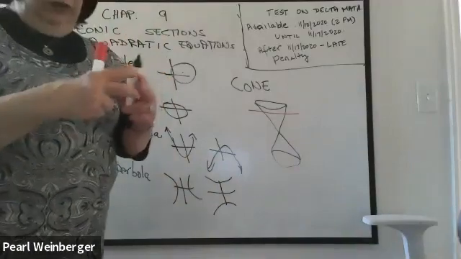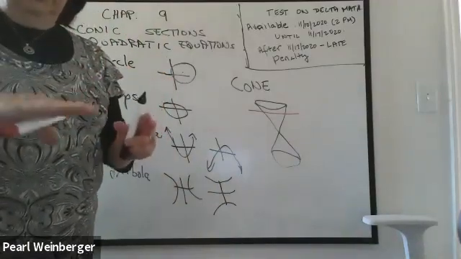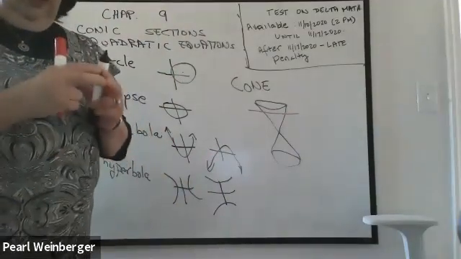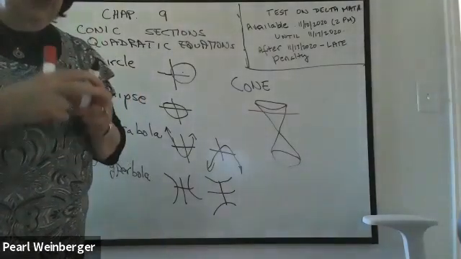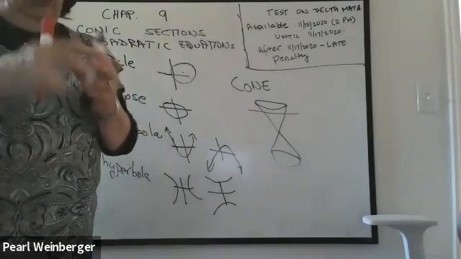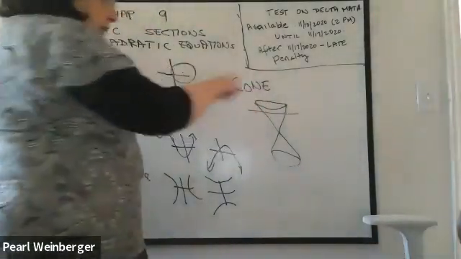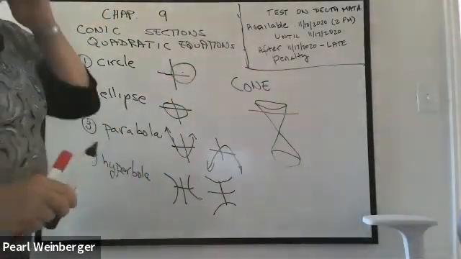You're holding the cone in your hand, you cut it across, and you're looking down at the cone. Remember, this is an empty cone. So what is the shape that you're looking at? You're looking at a circle. The top of the cone, that's a circle.